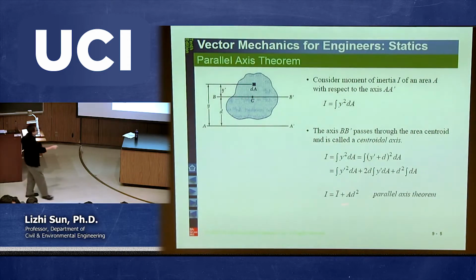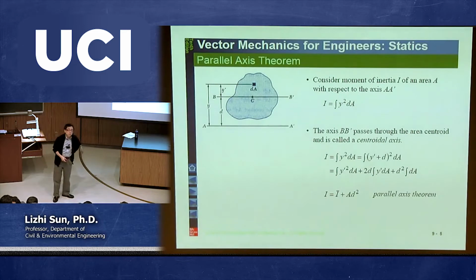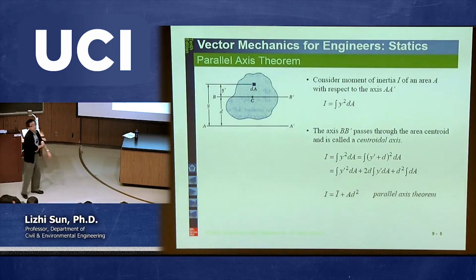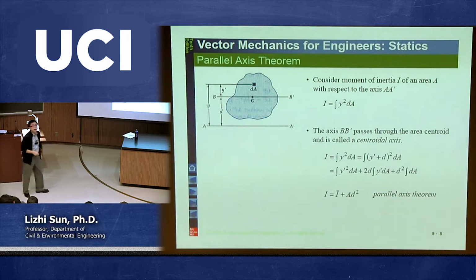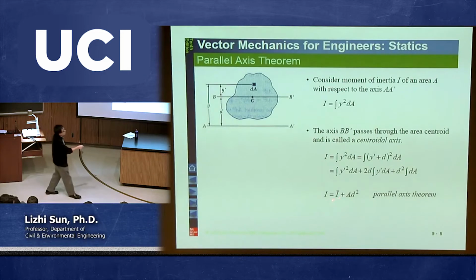So with this theorem, you don't have to worry about many different equations to define the moment of inertia for a given area. All you need to do is find the moment of inertia with respect to this axis passing through the centroid, and we always use I bar to represent it.